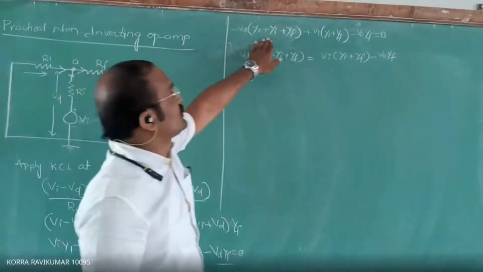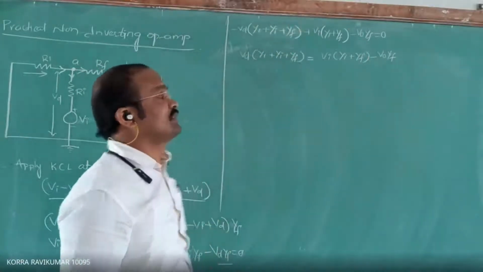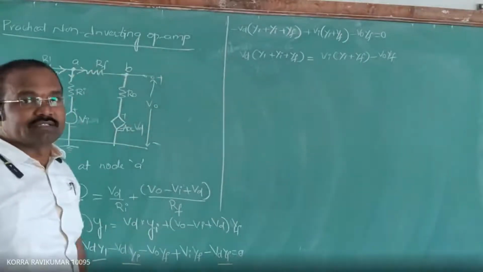Just send the multiple of Vd to the RHS side, then the equation becomes like this.